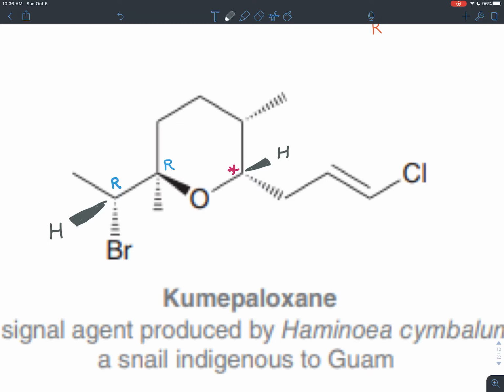To figure out which one we have, we use the CIP rules, the Cahn-Ingold-Prelog rules. So the first step in that is to assign priorities based on atomic number. Oxygen has an atomic number of 8, carbon 6, hydrogen 1, carbon 6. So the highest atomic number for oxygen gets the highest priority, 1. The lowest atomic number for hydrogen gets the lowest priority, 4.